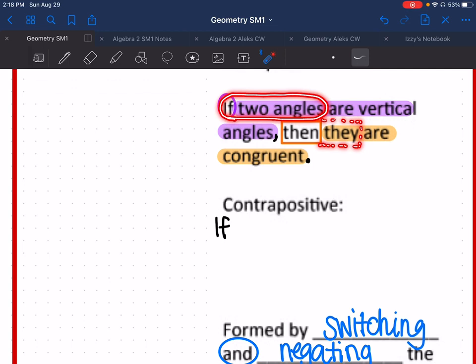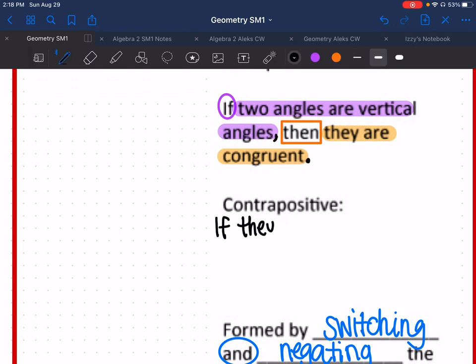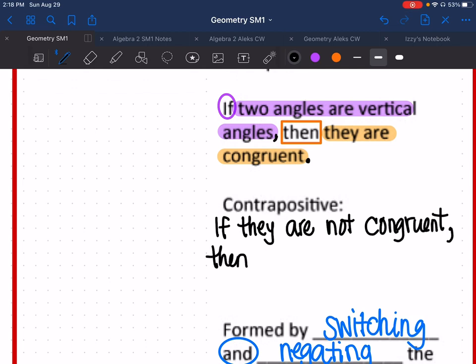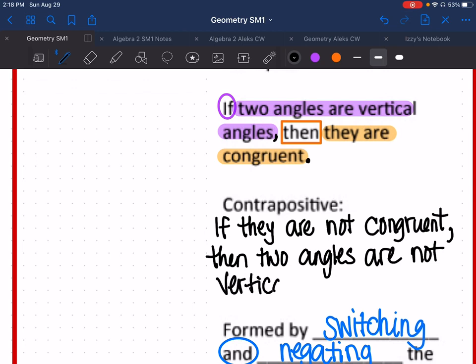That is proper English, but since it's math class, it's perfectly acceptable to say if they are not congruent, comma, then two angles are not vertical angles.